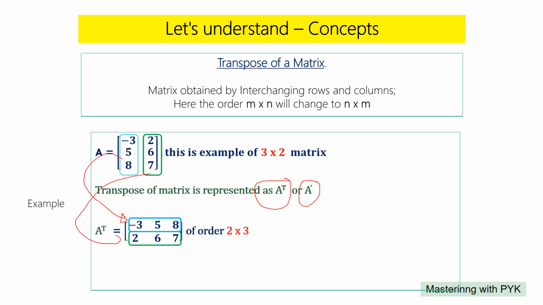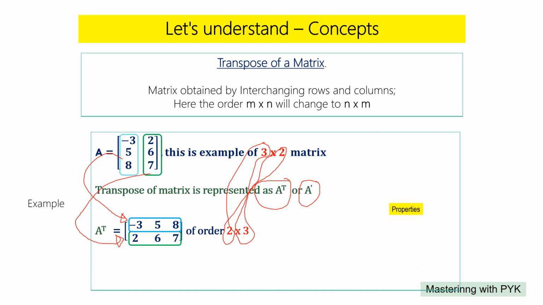So we have the first column becoming the first row. The elements are 3, so 3 elements would transpose and become -3, 5 and 8. The second column would become the second row, so it is 2, 6, 7 getting transposed as a row. So now the order would change. The column would become row and a row would become a column.